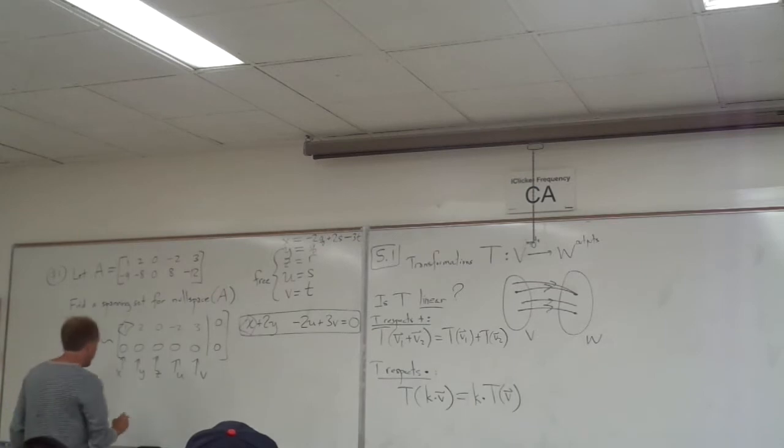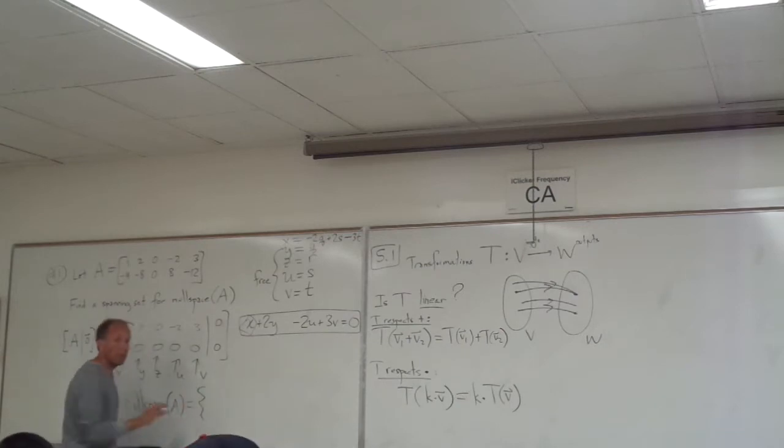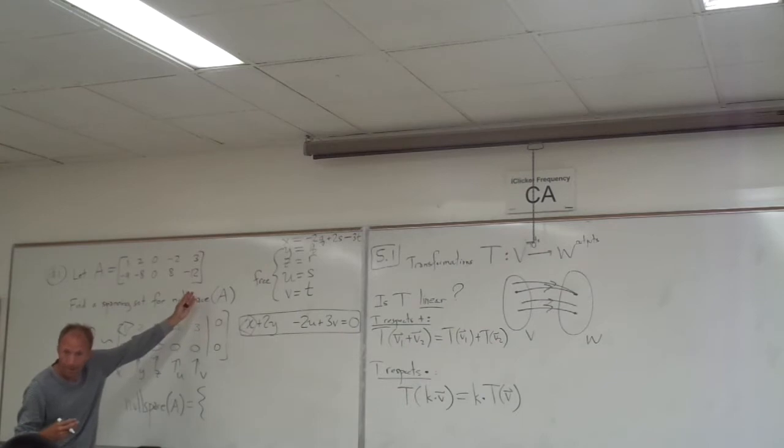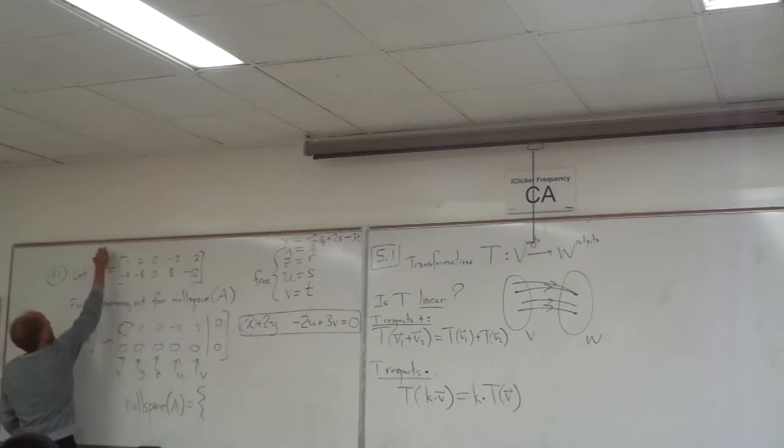So what you could do is write down what is the null space of A. The null space of A, remember, is a subspace of R5, since A is a 2 by 5 matrix.